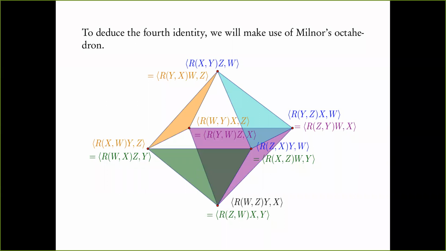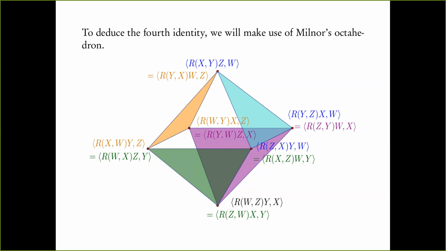If you look at this turquoise triangle, the triangle on the top and to the right of the screen, the vertices of that triangle are the 3 red vertices, but associated to each of the red vertices, you'll see an expression in blue. For example, the top vertex reads R of xy acting on z inner product w.